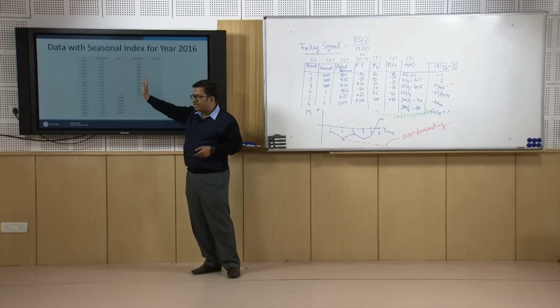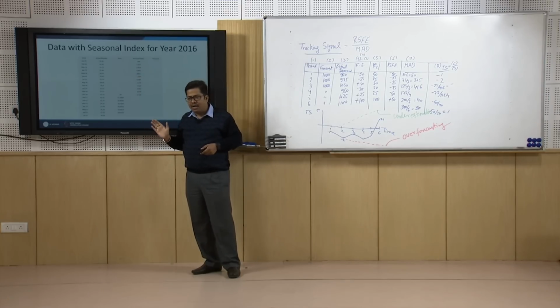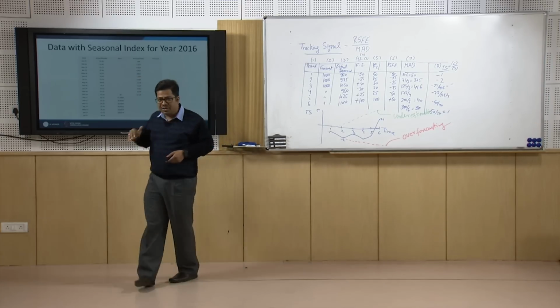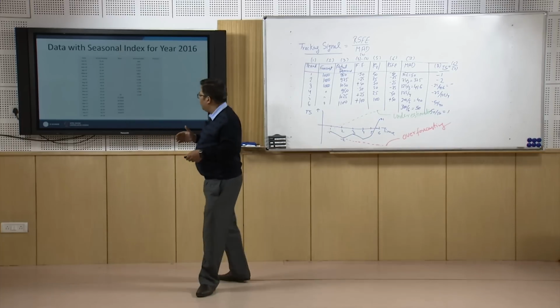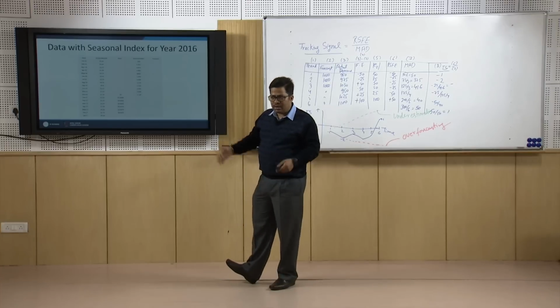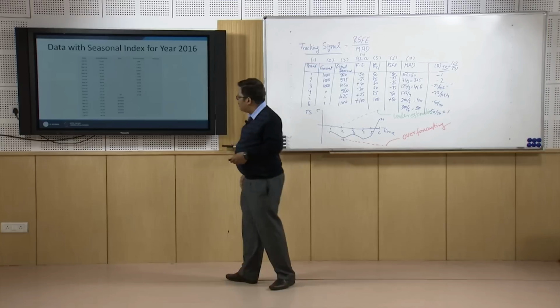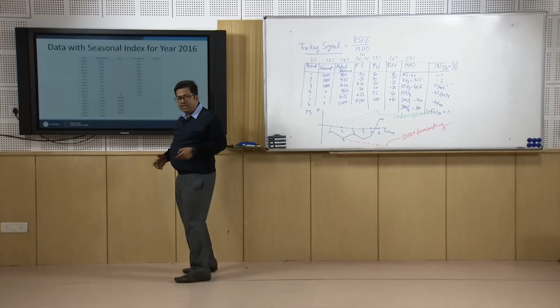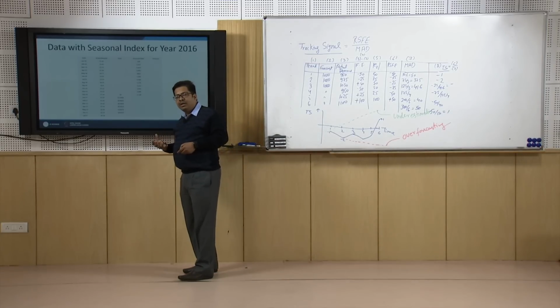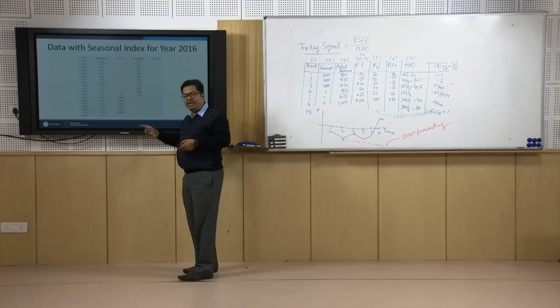Now, these seasonal indices are of great significance, because they will be used for calculating the forecast for 2017. We discussed the development of the formula for the seasonal index, and now with the help of the seasonal indices and the base values, we will determine the forecast for 2017.